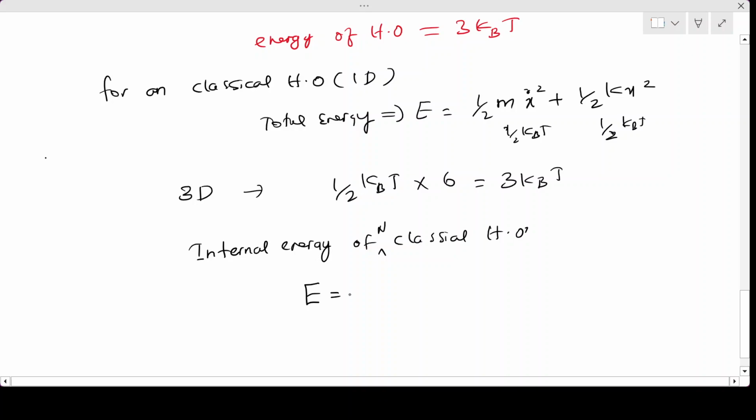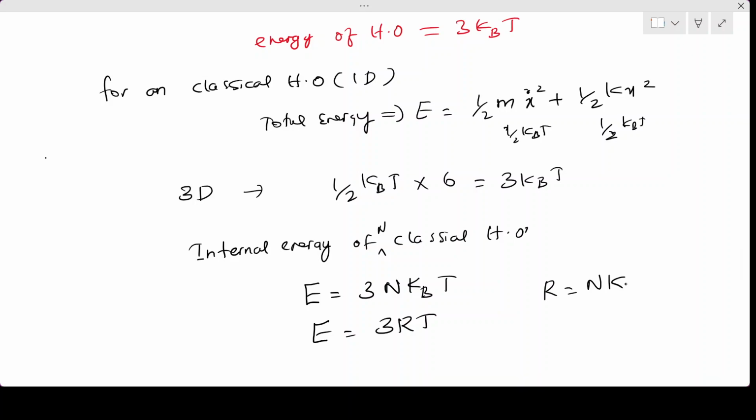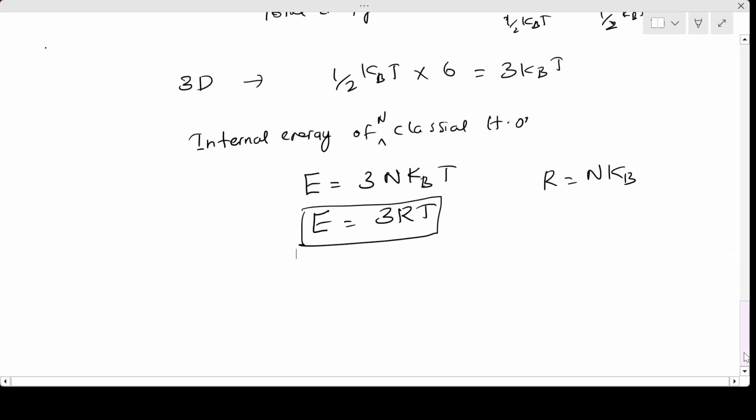The total energy will be 3N kBT, and you can represent this as E equal to 3RT, where R is N kB. So this is the internal energy of a classical harmonic oscillator in three dimensions for N particles.